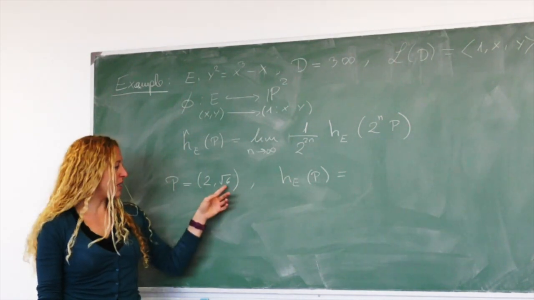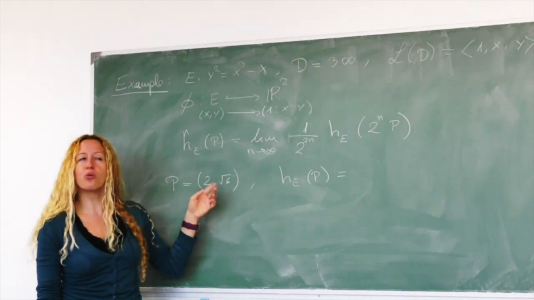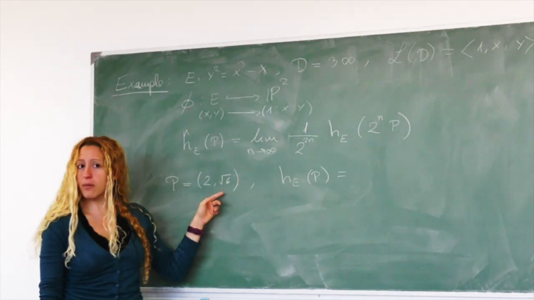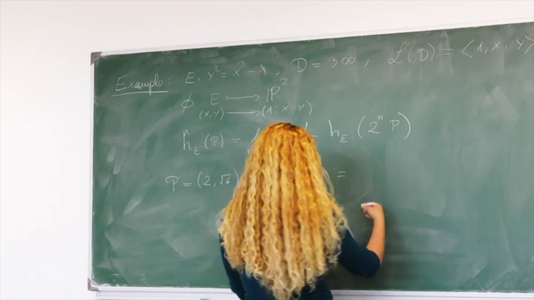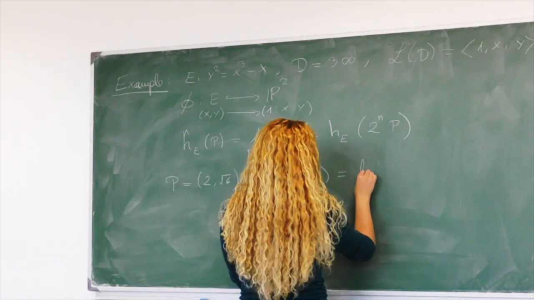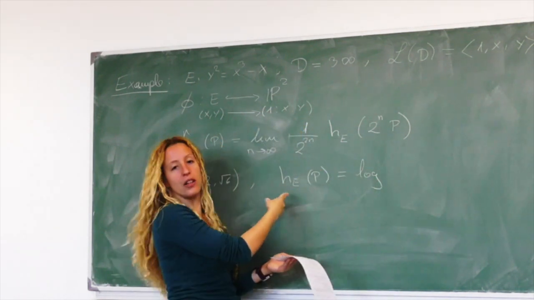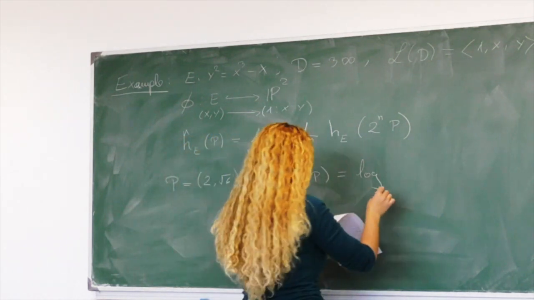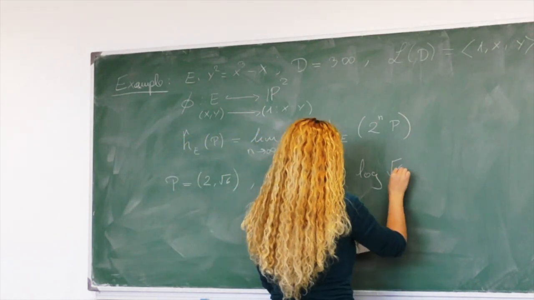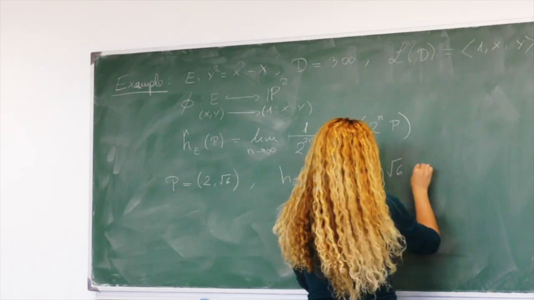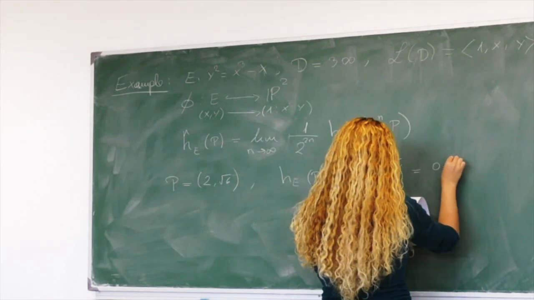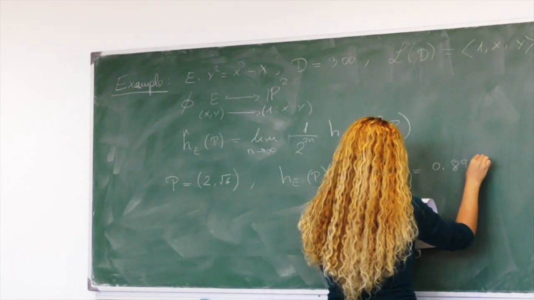The square root of 6 is greater than 2 because it's 2 point something. So this value is, well, log, because it's the logarithmic height, the logarithm of the square root of 6. And if you want an approximation, it is equal to this.